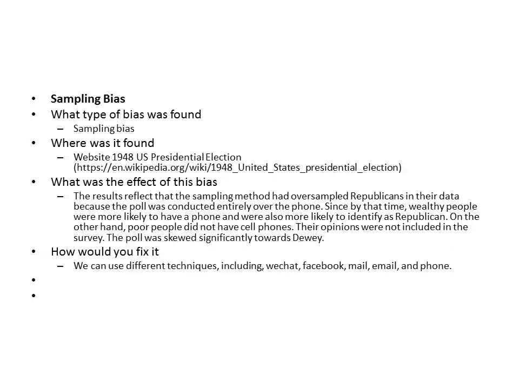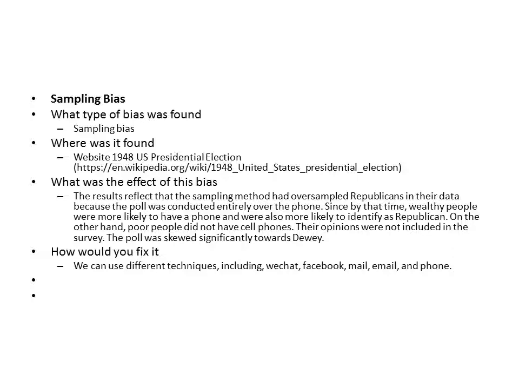However, at that time only rich people were more likely to have a phone at home, while poor people didn't have it. So since the method is through the phone, most likely rich people will be surveyed. And also, rich people are more likely to be identified as Republicans.